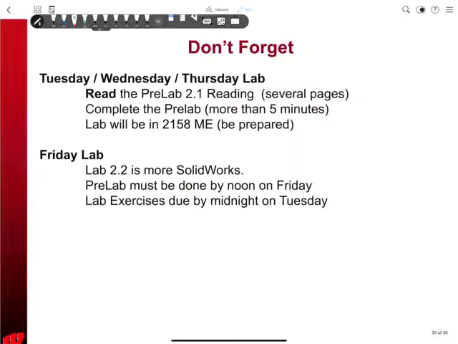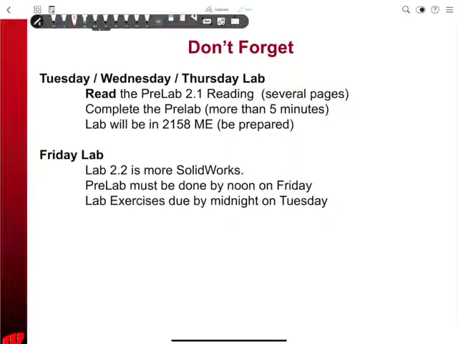And so lastly, don't forget, you've got a pre-lab. Even though Monday's a holiday, engineers don't like holidays. So you've got to work on the pre-lab and have it done, ready to go before the lab starts on Tuesday. It's several pages of reading. It'll probably take about 10 minutes to do the actual thing.